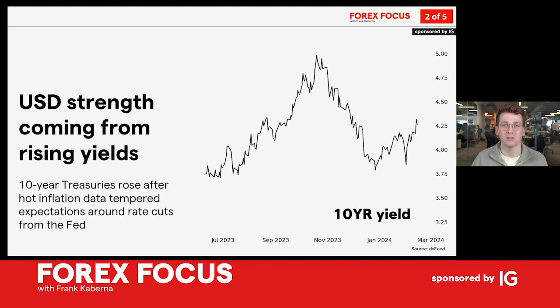Of course, you look at the last 10 or 20 years in terms of U.S. interest rates, and here we're looking at the 10-year yield, which is a benchmark for U.S. rates. And the average 10-year yield over the course of the last handful of years is closer to probably 2 or 3%.